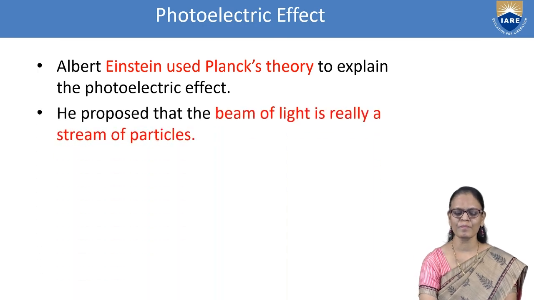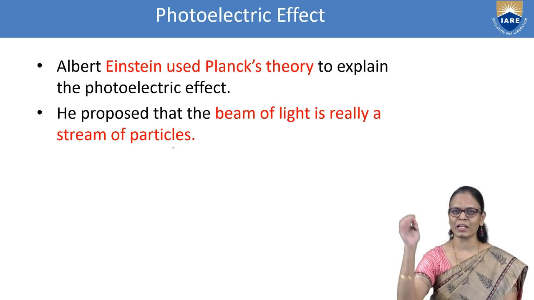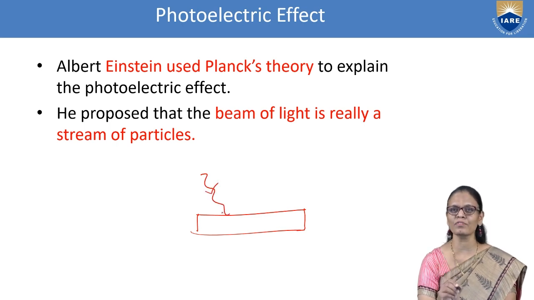What did he say? The beam of light is really a stream of particles. He said it is not falling on the metal plate continuously. If light is incident on the metal plate, it is not continuous. It is like shooting off photons onto the metal surface.